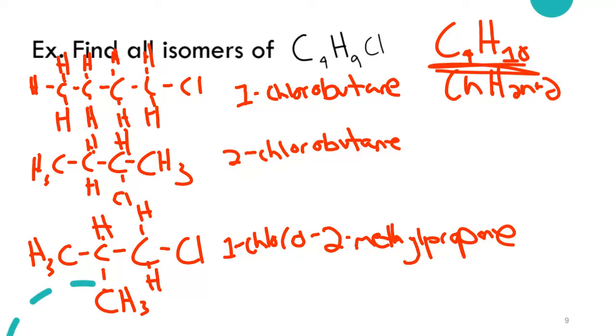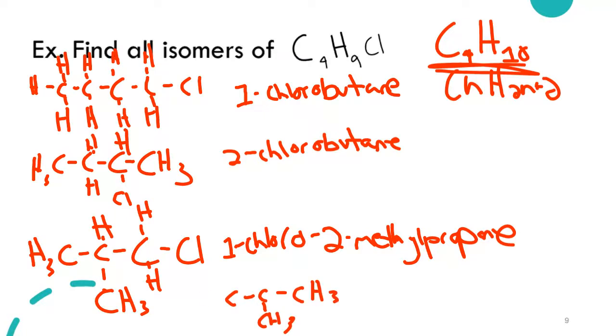So my next option, what else can I do? Yeah, so if I move this chlorine over here, is that what you're saying? In the middle? Yeah. There you go. Right.